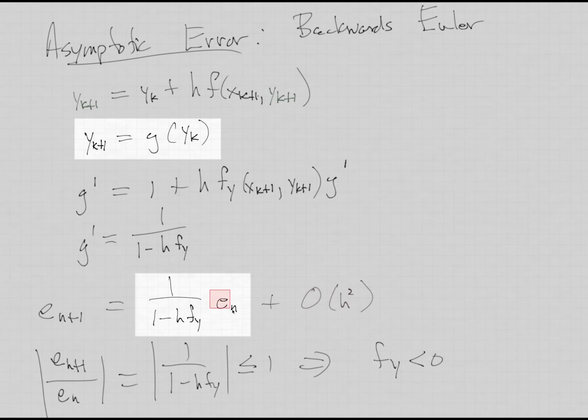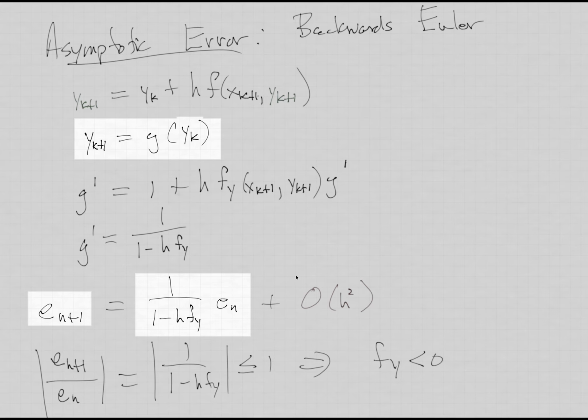So in other words, this is, again, playing the role of like delta y. This is like the error in y sub k, and we multiply that by the derivative.